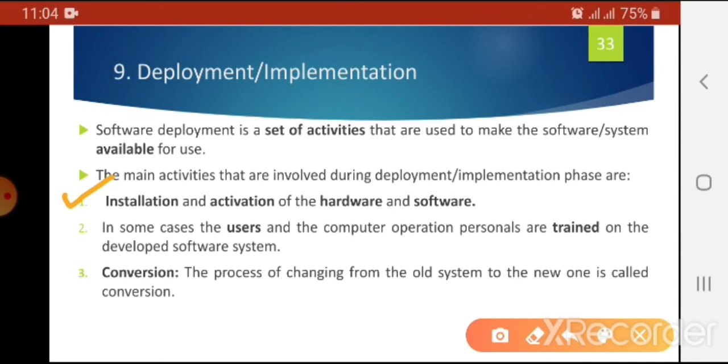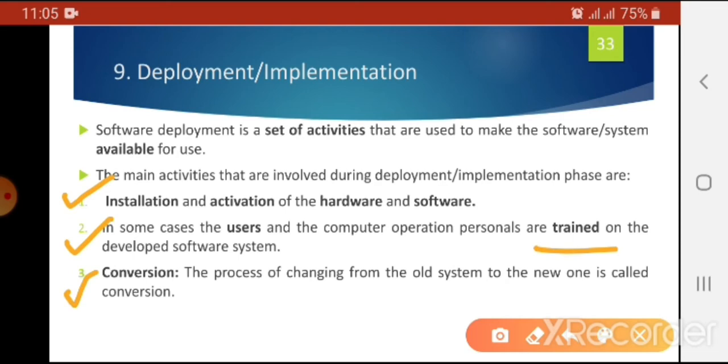Then in some cases the users of the computer system are to be trained on the newly developed software, and conversion, which means the process of changing from the old system to the new one. So, we usually perform these three activities for deployment and implementation of the software.